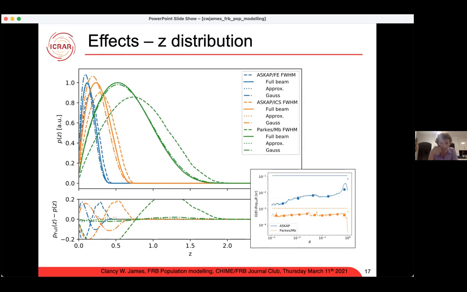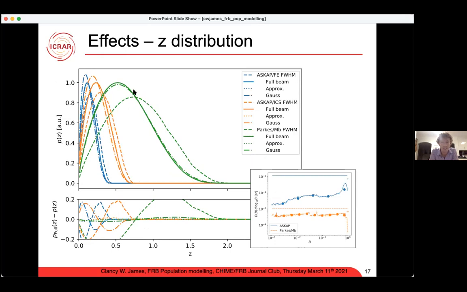So how does this actually affect your modeling? Right, so complicated plot number 1. Blue is ASKAP fly's eye, orange is ASKAP ICS, and Parkes multi-beam. First, let's look at the green lines. This dashed line is when you use the full width half max approximation.